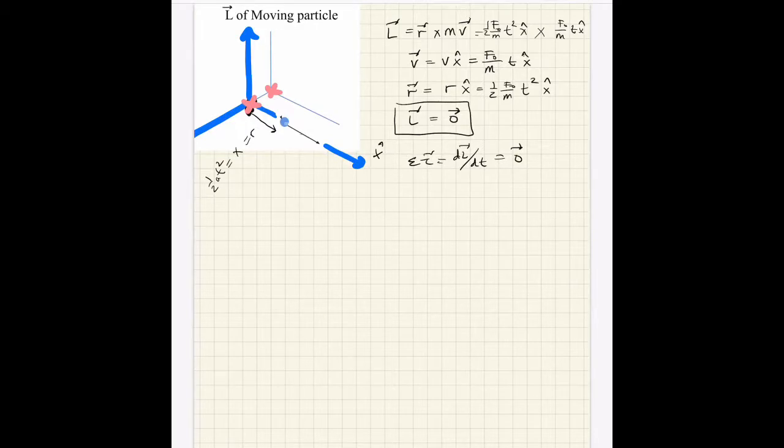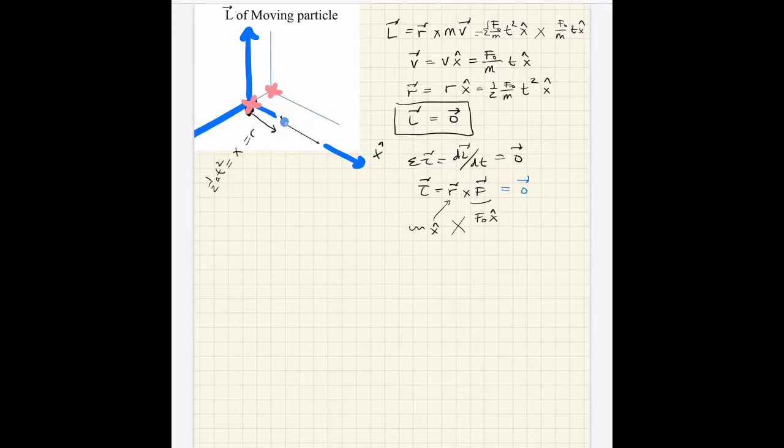And of course, it's the same argument as before because there's only one force acting on it. This force is acting entirely in the x-hat direction, and the r vector is also entirely in the x-hat direction. So the cross product between those two is also 0. Right? Here's the r vector, here's the force. They're parallel, therefore 0. So we can also see just by looking at the torques that that's also 0.